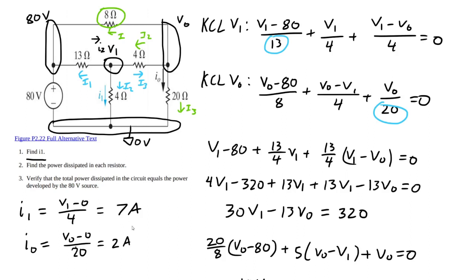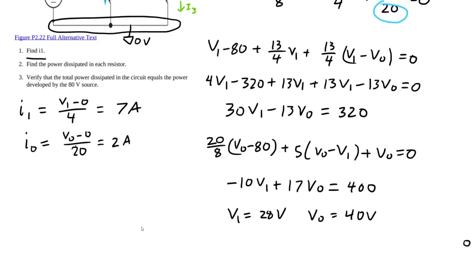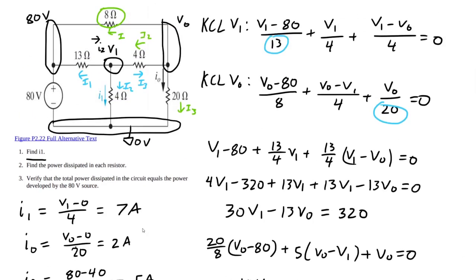So this one I'll do as the I squared R. So I2 is going to be the voltage drop across the resistor, so 80 minus 40 divided by 8, which is 40 over 8, which is 5 amps. And yeah, 40 divided by 8. Yeah, okay. That's 8 ohms.